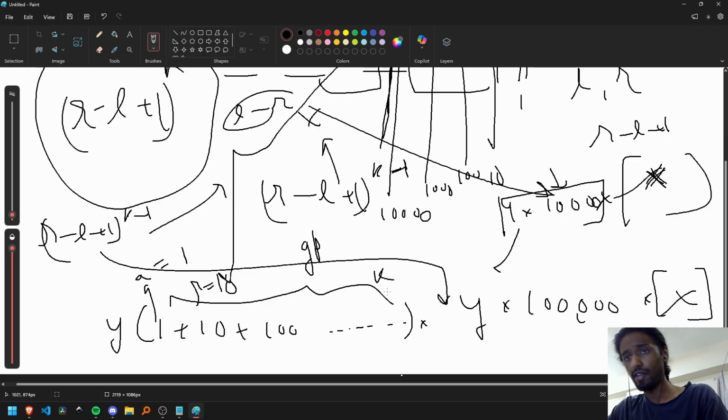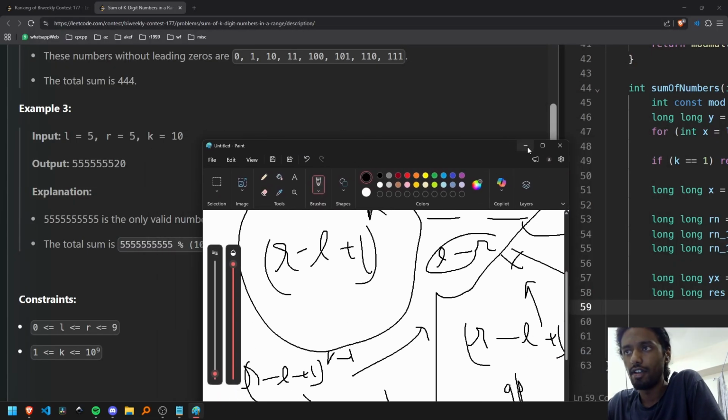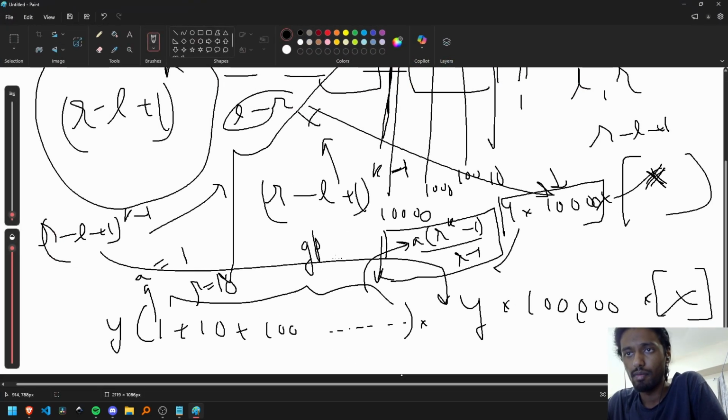Do we have k terms? Yeah, we have k terms. So the sum of a GP with these values is a times (r raised to the power k minus 1) divided by (r minus 1), right? This is a standard formula, which I was taught in school, which is why during the contest I didn't even have to look this up. So we get this value, then multiply it by each yi, where yi is in the range L to R, and then multiply it with our x.